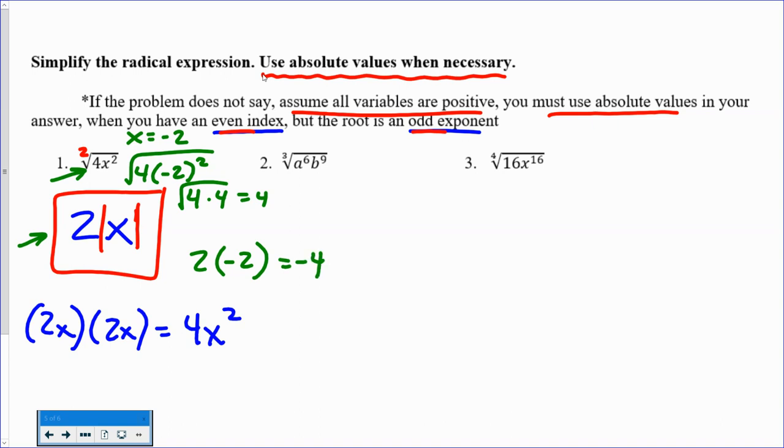When I plug it into the original, I get a +4. So I'm not getting the same value. So then I can't simplify them and say they'd be the same thing. But the absolute value would make that -2 a +2, and now I'm taking 2 times 2 to get 4. Okay, so that is the reasoning behind the absolute values.